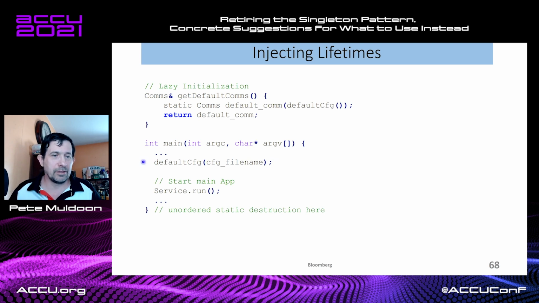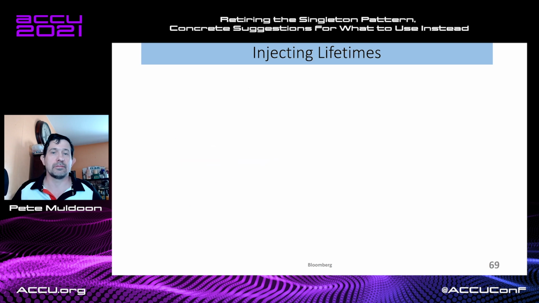If I create the default config here, and then I set my service running, and then sometime later the service is told to quit, I have here at the end of my main the unordered destruction of my comms object that I created statically. So I control the initialization of it, but I'm not controlling when it goes away. And this is potentially a problem for people. And I understand you need to do cleanup in a particular way. So again, how am I going to take care of this, inject this lifetime?